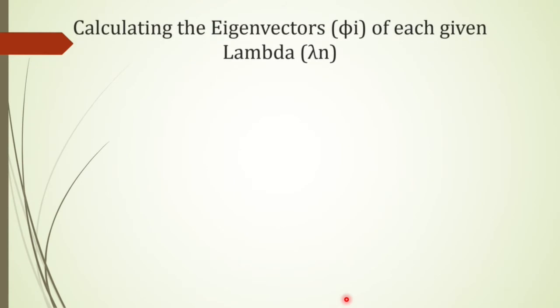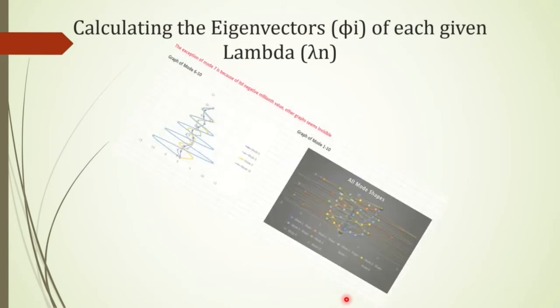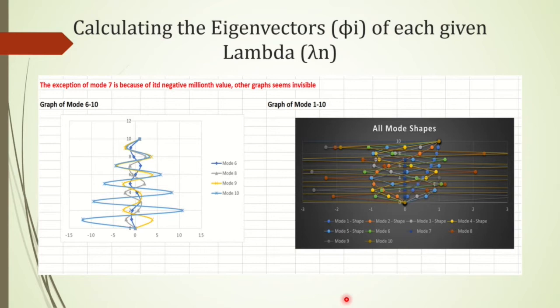So, let's move on. Calculating the eigenvectors of each given lambda. So, ito yung mga modal shapes niya, guys, or itong modal graph, yung graph niya. Kung papansin natin dito, naglagay ako ng exception sa mode 7 because it's a negative million value. Other graphs seem invisible. Kasi, guys, makikita natin sa graph natin kanina na ang mode 7 ay una, marami siyang 0.